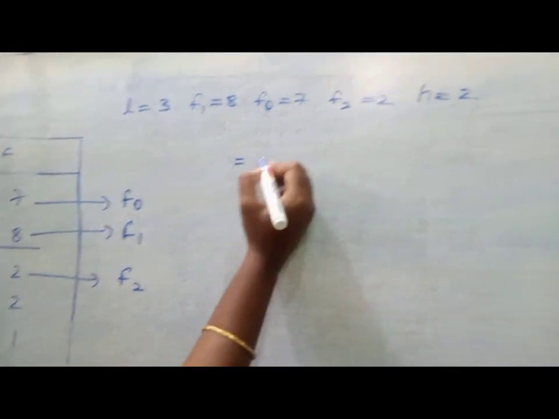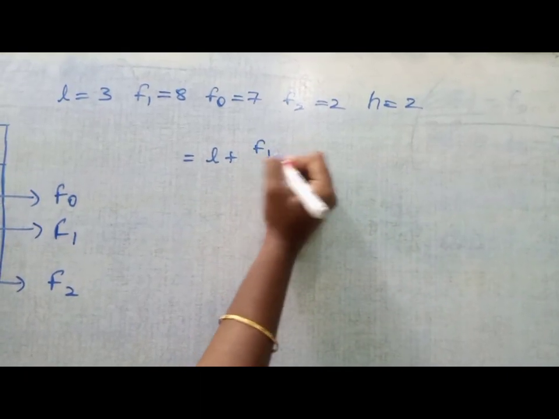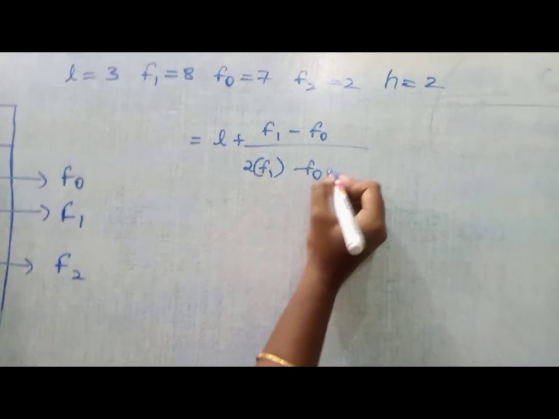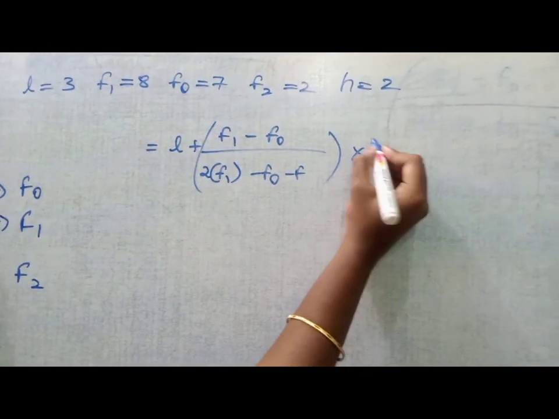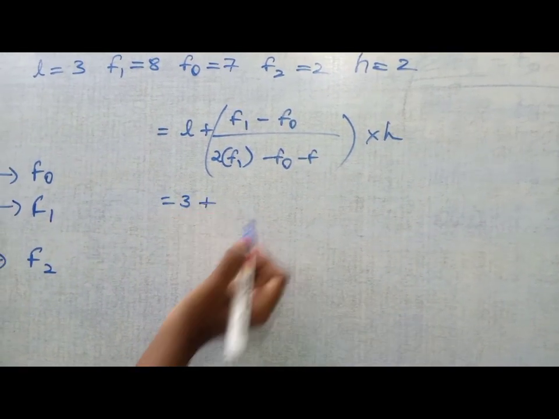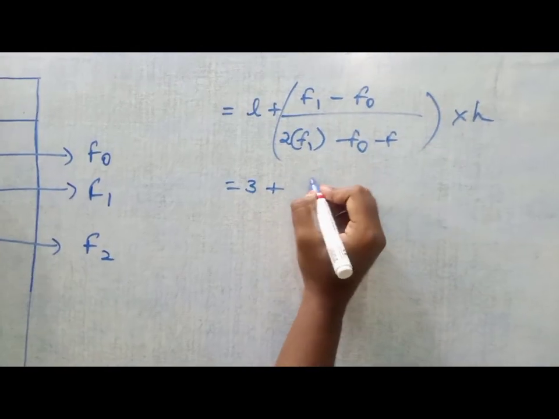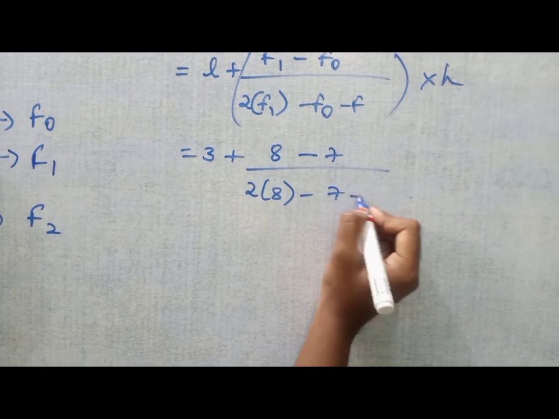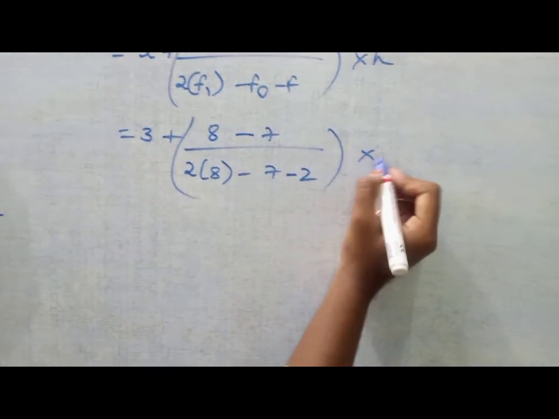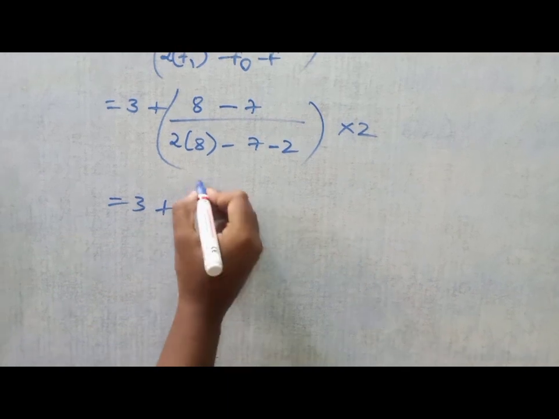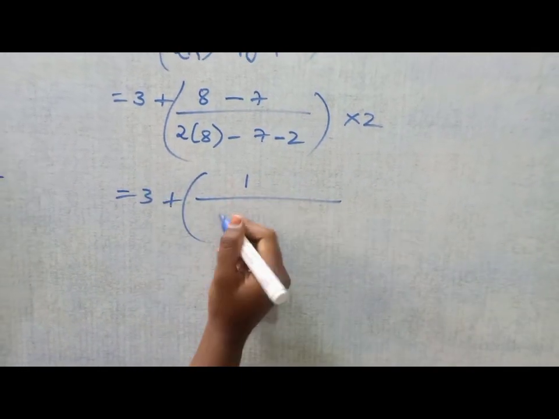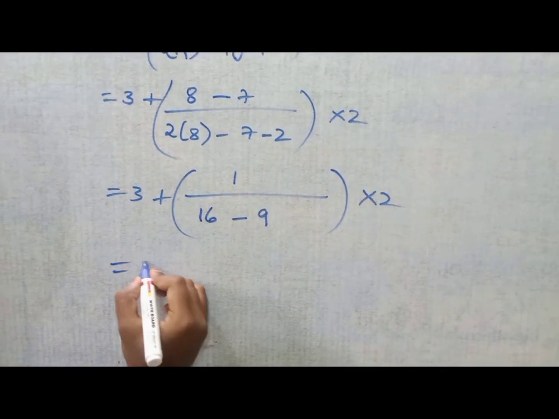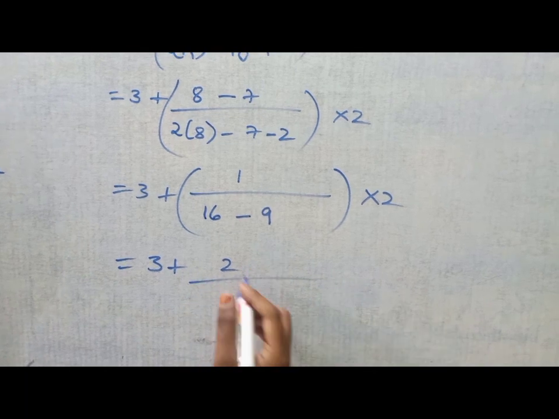So mode is equal to L plus F1 minus F0 by 2 into F1 minus F0 minus F2 into H. L is equal to 3. 3 plus 8 minus 7 by 2 into 8 minus 7 minus 2, and height is 2. 3 plus 8 minus 7 is 1. 1 by 2 eights are 16 minus 9, into 2. 3 plus 2, 16 minus 9 is 7.